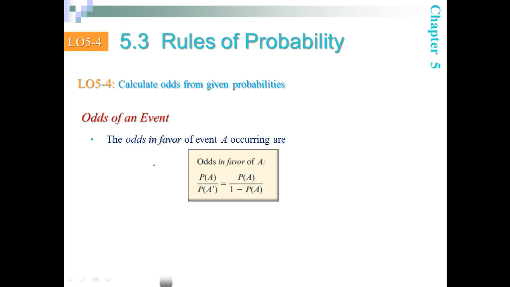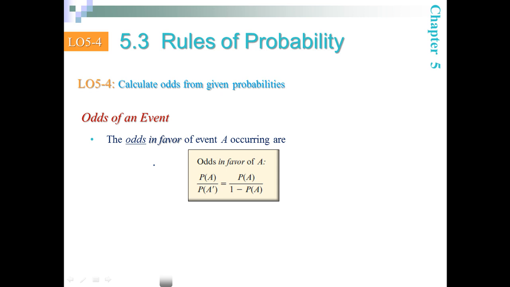Oftentimes in sporting events in particular, when they say the odds on some game, for example, or some horse, usually they're giving the odds that the horse is going to lose. So it's the odds against. And so you want to be careful with that.